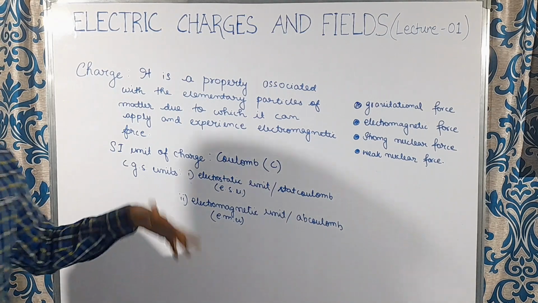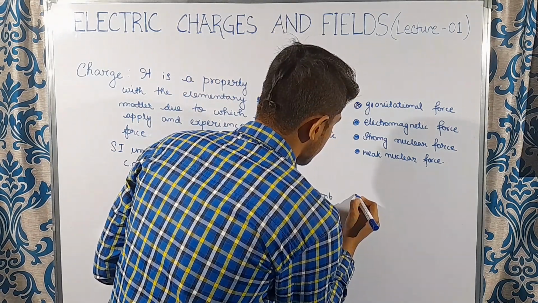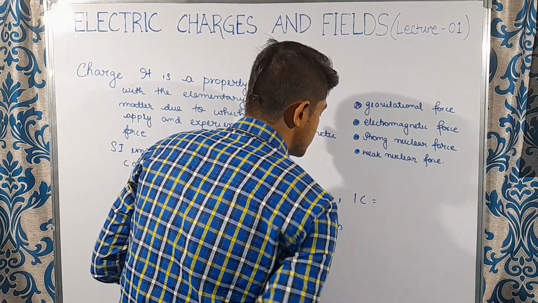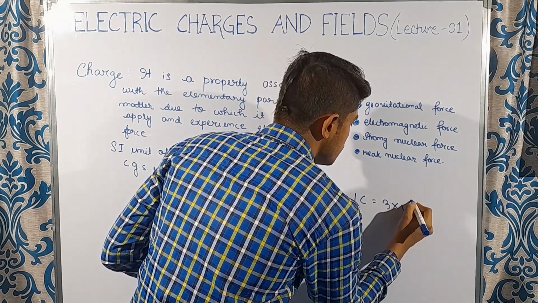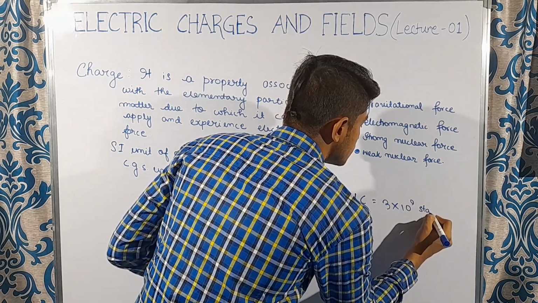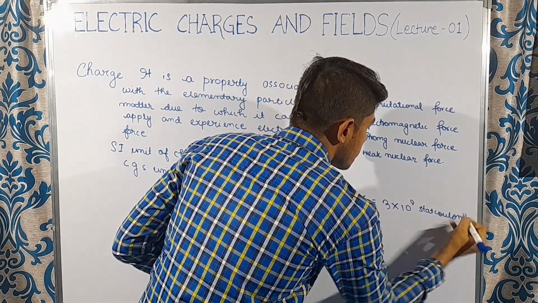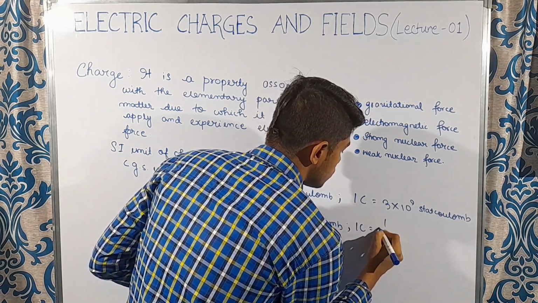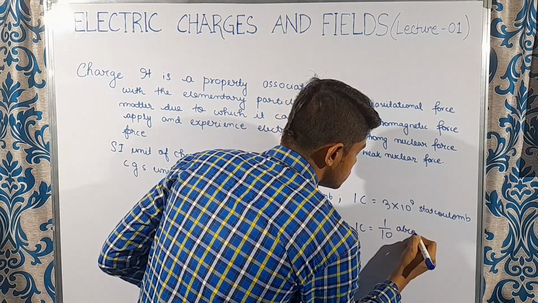Now their relation with the SI unit is given by: 1 coulomb is equal to 3 into 10 to the power 9 stat coulomb, and 1 coulomb is equal to 1 by 10 amp coulomb.